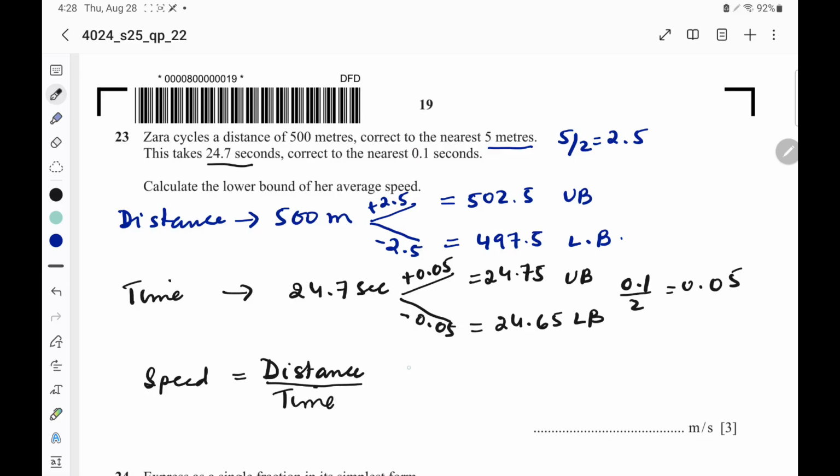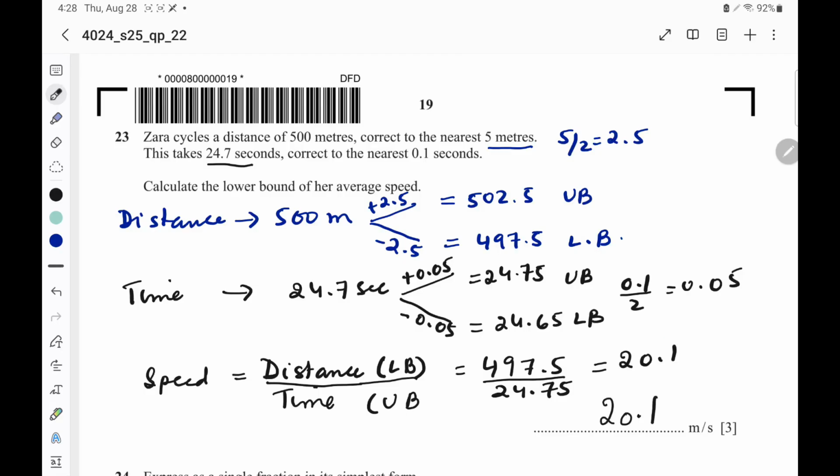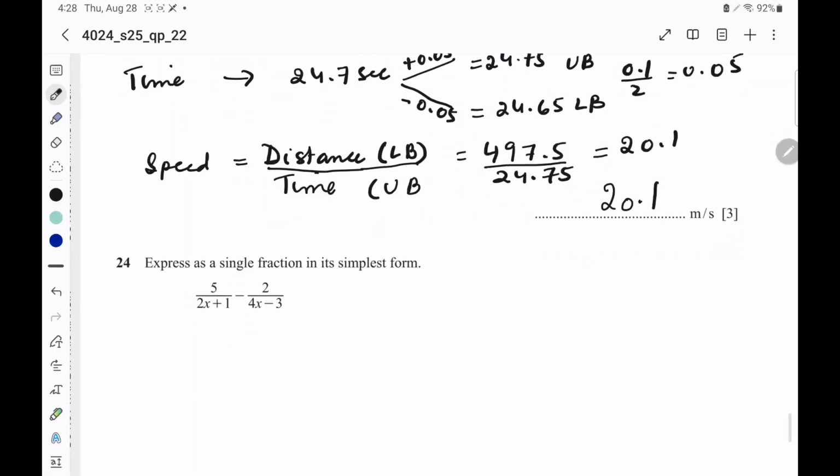Then we get a less answer. So that is the lower bound of the distance divided by the upper bound of the time. That is 497.5 divided by 24.75. Let's calculate. So that is 20.1 meters per second is the answer. All right, I hope you understood.